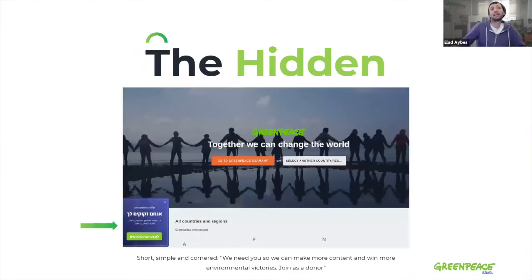The hidden one, as I said, is on the bottom of the page. You can see it's right there. It's short, simple, and in the kernel it says we need you so we can make more content and win more environmental victories. Join as a donor.